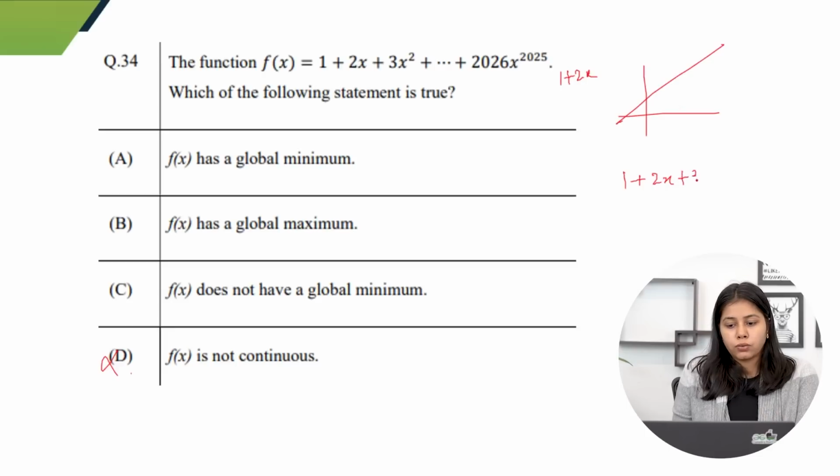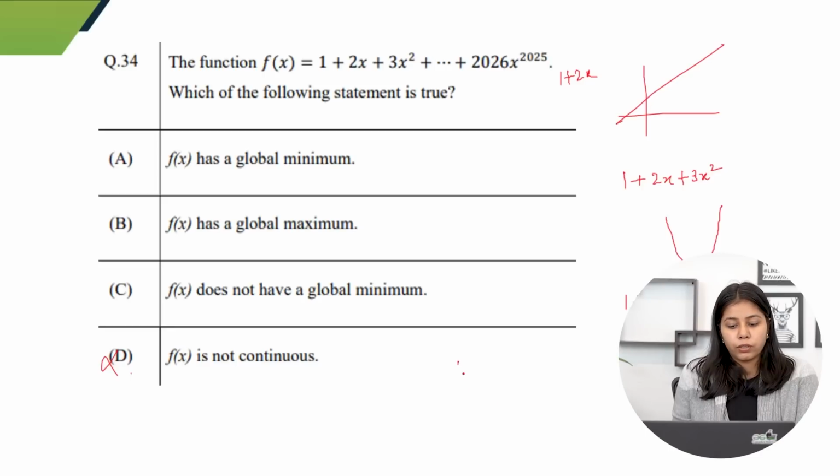If I take 1 plus 2x plus 3x square, then because of the quadratic power we'll get one parabola. If I take power up to cube, 1 plus 2x plus 3x square plus 4x cube, right? So we'll get this kind of a curve. This is a cubic curve. If I take power 4, right?